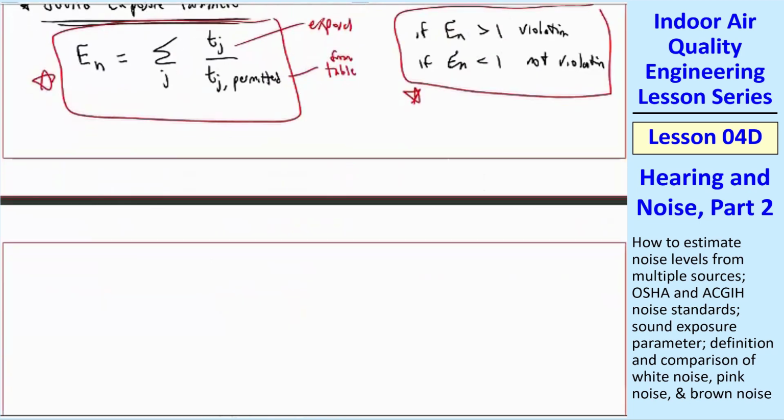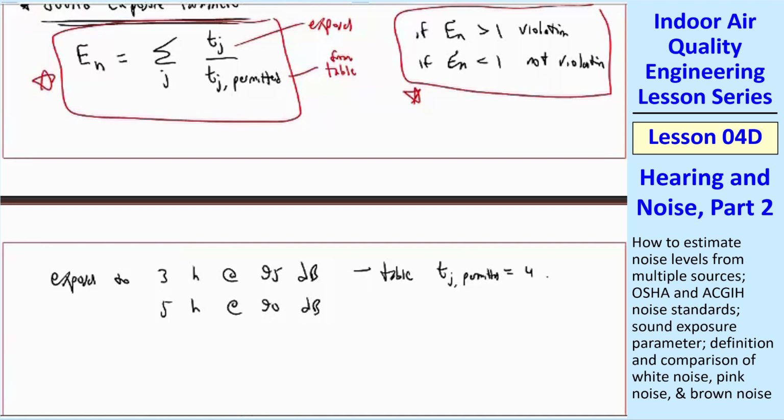I'll do a quick example. Suppose you're exposed to 3 hours at 95 dB and 5 hours at 90 dB. Is that a violation? Well, first let's look at the table. And as I just showed you, Tj permitted is equal to 4 hours. For 90 dB, Tj permitted is 8 hours.